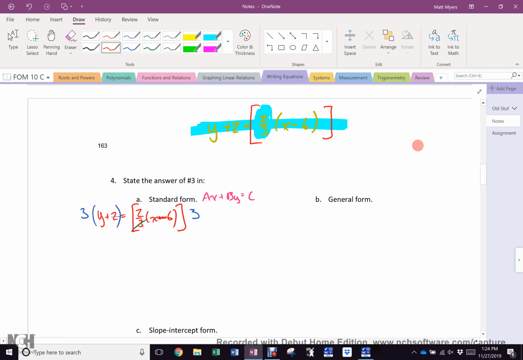So, on the right-hand side of this equation, I now have 2x - 6. And on the left-hand side of the equation, I now have 3(y + 2). Fortunately, I've been in Mr. Myers' polynomial class, and I know what to do with brackets. What do I do?